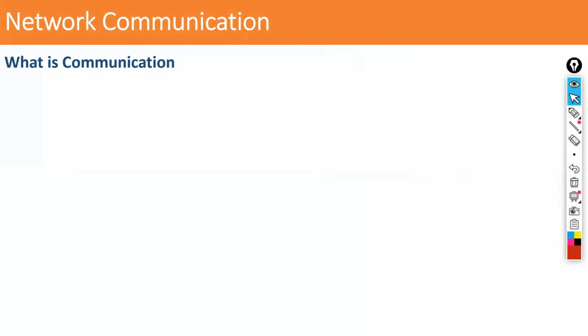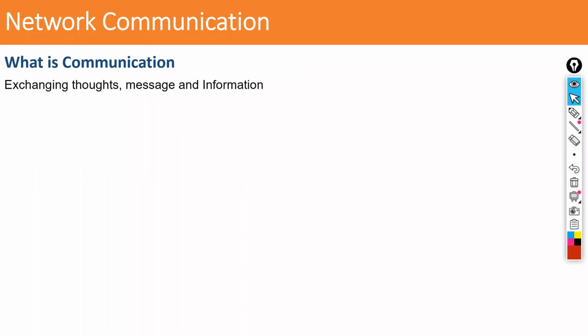But before that, what is communication? Communication means exchanging of information, right? That is called communication. Exchanging thoughts, messages, and information. Anything you are exchanging, any thought, message, or information, we call communication.